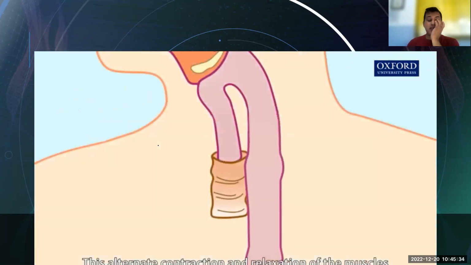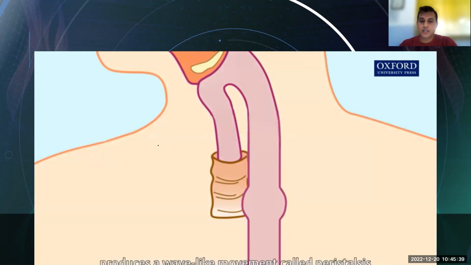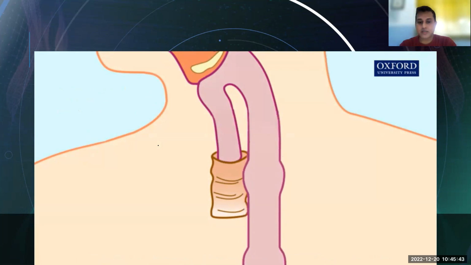It happens like a wave-like contraction, and it's very difficult to visualize, I mean, draw it. It's very fast. Okay, that is what happens in the esophagus.